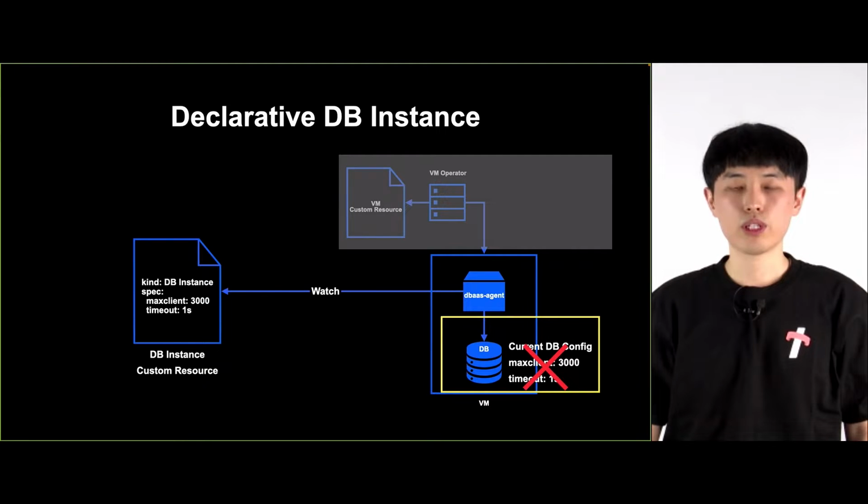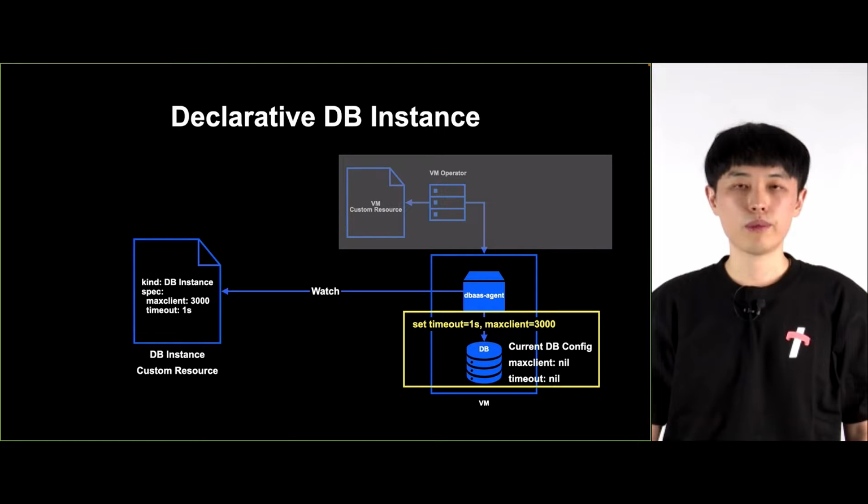So compared to the imperative, what are some of the strengths that the declarative system has? Let's say for a reason you lose the DB setting within the VM. What happens? When the VM is deleted through the failure, or it could occur due to the user or the manager's fault, then the DBaaS agent will notice the difference, and to satisfy the declared spec, the command will be sent to its DB.